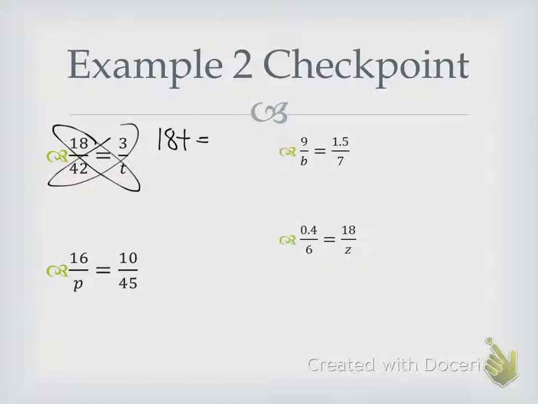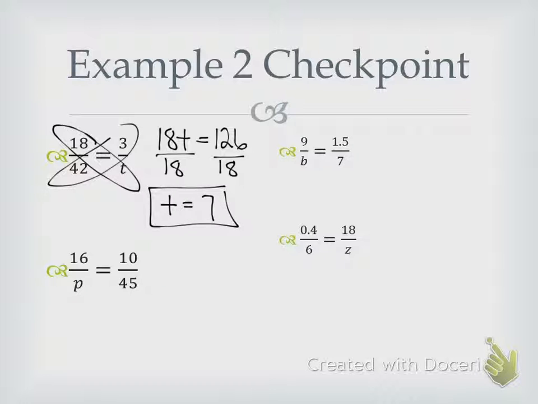And what's 42 times 3? 126. Now how do I solve for t? Divide both sides by 18. t equals 7. And I box it in.